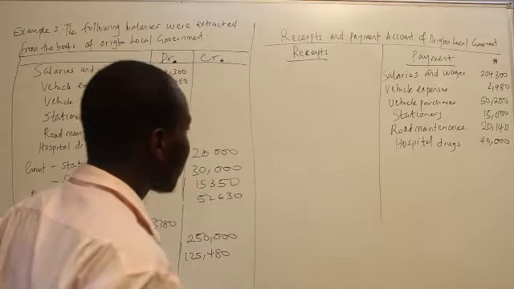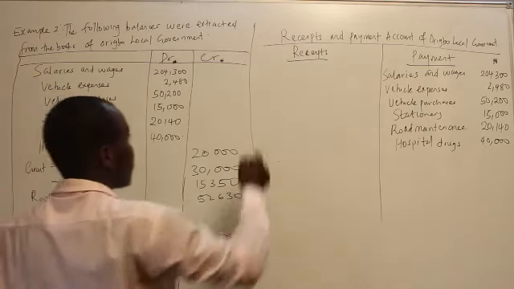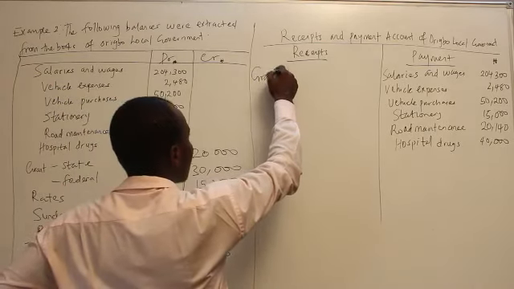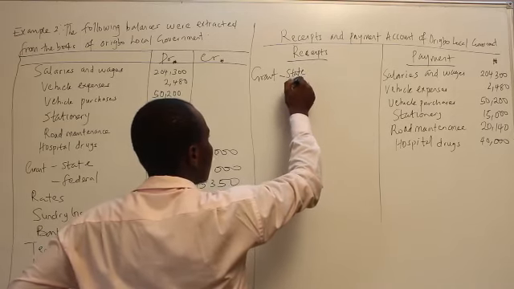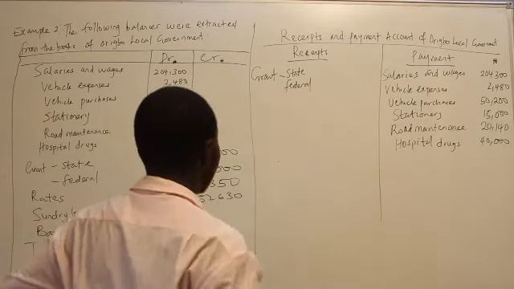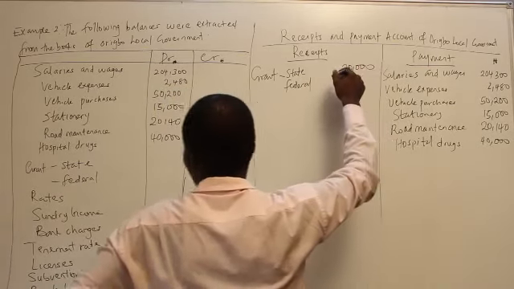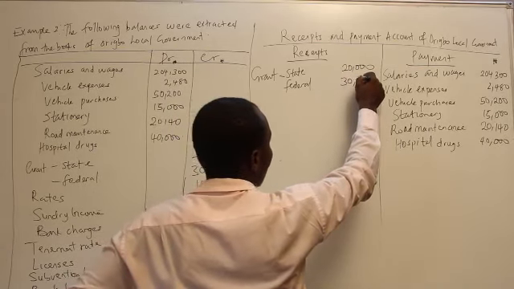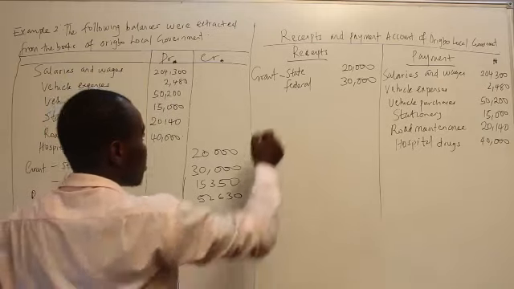So now grants, which shows the total received in the period. Grants, we have government grants, which is from the state and federal in the period. So state is 20,000 naira. We have federal 30,000 naira. So we have rates.